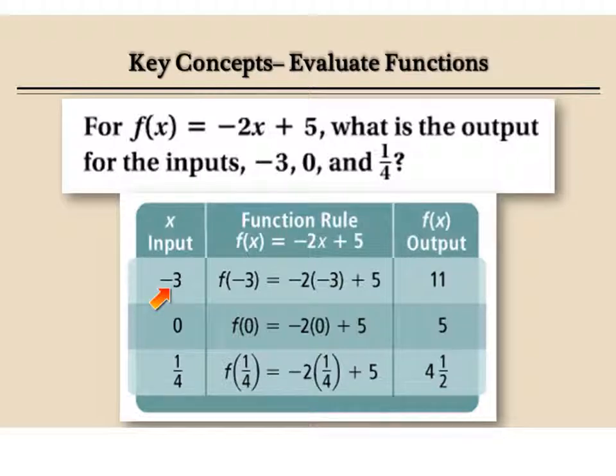And that's what they did down here. For f of negative 3, they replaced x with negative 3, solved it, got 11. Here we have f of 0, they replaced x with 0, and they got 5. In the last one, they had f of 1/4, replaced x with 1/4, solved it, and got 4.5.